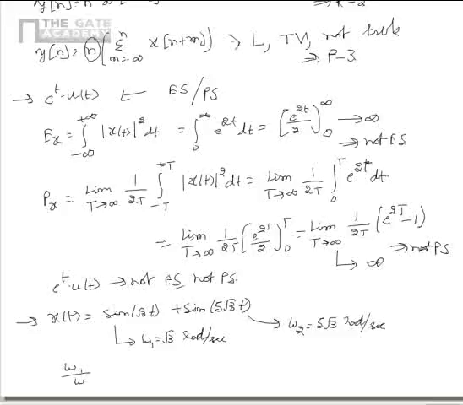So if we find ω1/ω2, we get a value of 1/5, which is rational. From this, we see that the given signal x(t) is periodic.